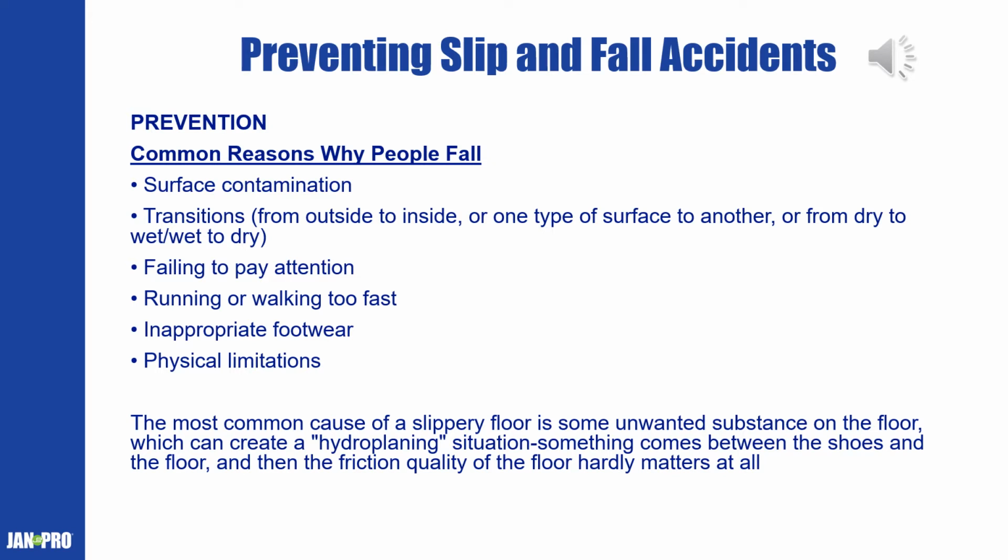It could be leather soles coming in on a slick surface, or maybe they have some physical limitations. But the most common cause of slippery floors is some unwanted substance on the floor, which can create a hydroplane situation. Something comes between the shoes and the floor, and the friction quality of the floor hardly matters at all at that point, so they may trip.